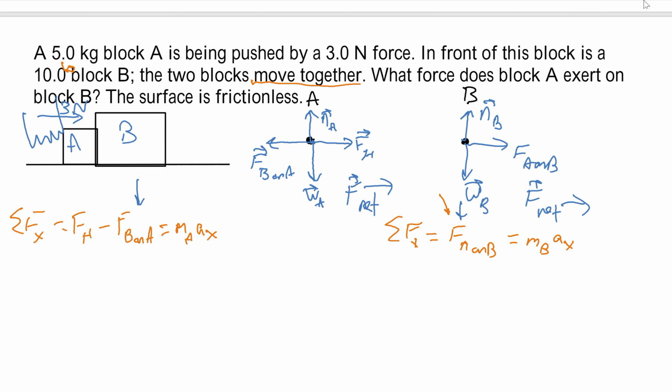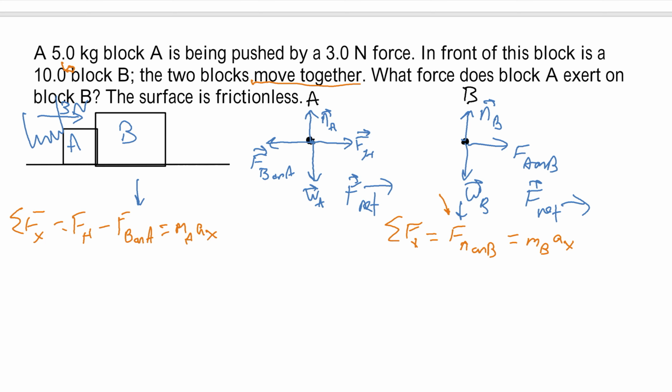Let's solve. So the issue here is we want FA on B in the end, right? Because we're looking for what force block A exerts on block B. So that's FA on B. Hopefully you agree with that.